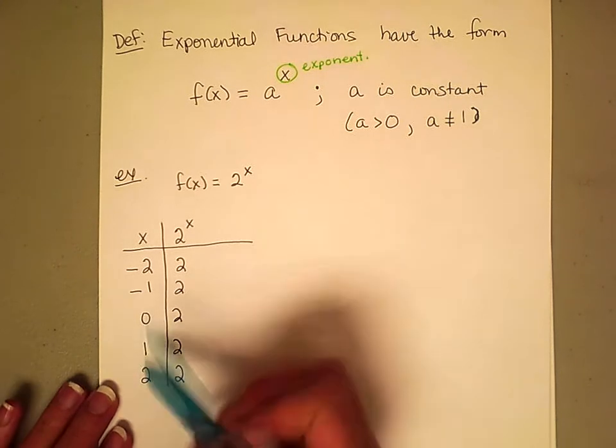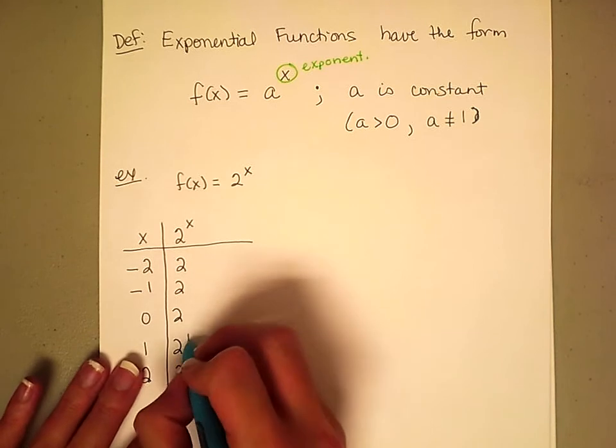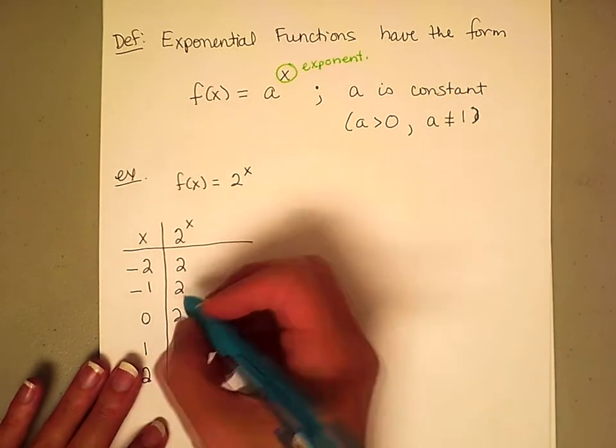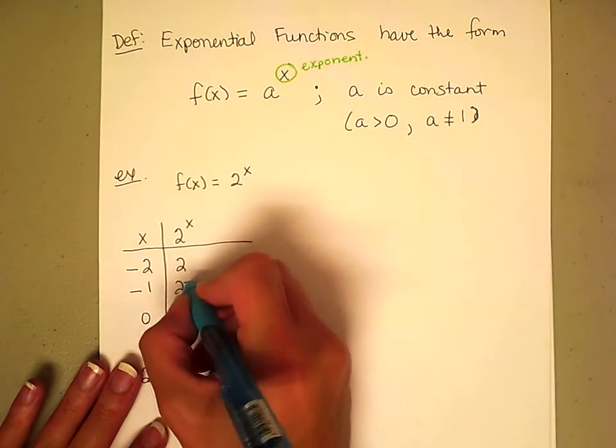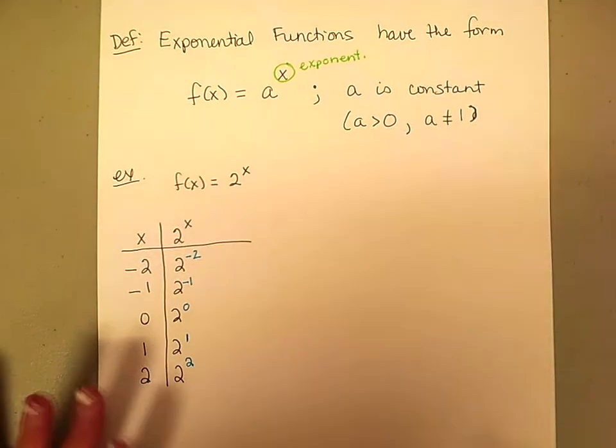So when we put in x is equal to 2, we'll get 2 squared. If x is equal to 1, we'll get 2 to the first. If x is equal to 0, 2 to the 0, 2 to the -1, 2 to the -2, etc.